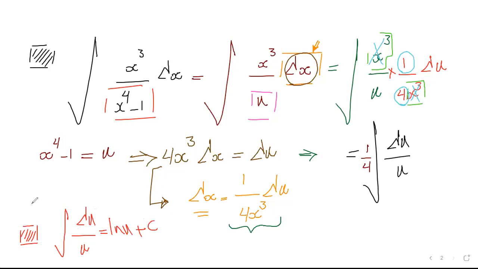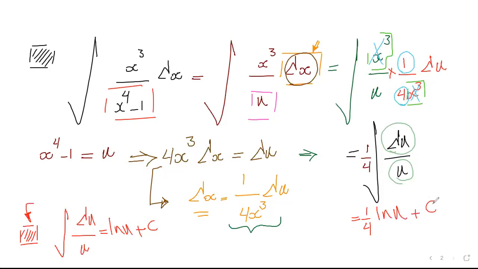Then if I look at this, I see that I have the same thing. I have 1 over 4 du over u, which is going to be what? ln of u plus c.